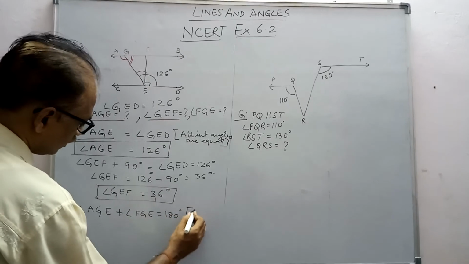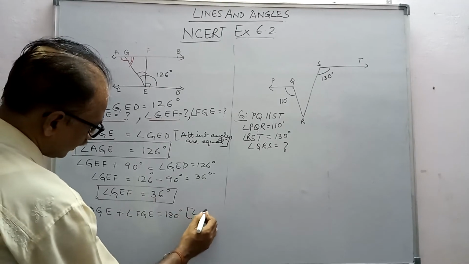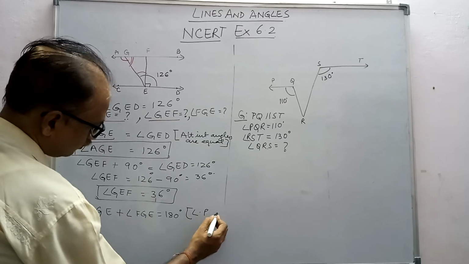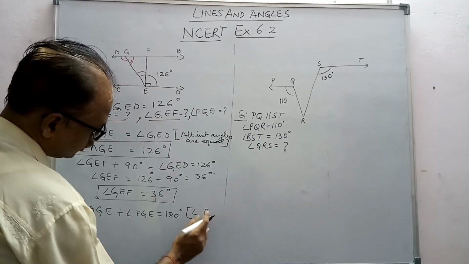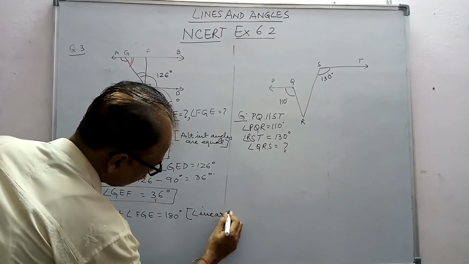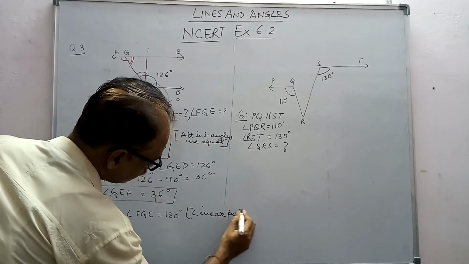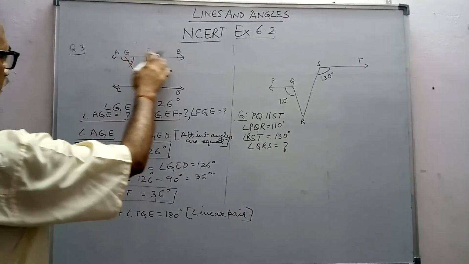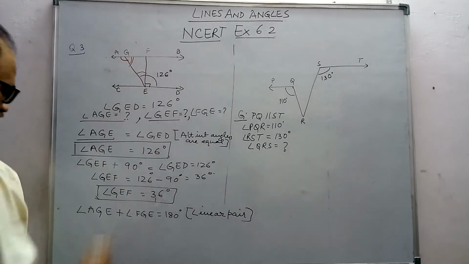Reason is the linear pair axiom, or linear pair property, because they are forming a linear pair on a straight line. So this angle plus this angle is 180.